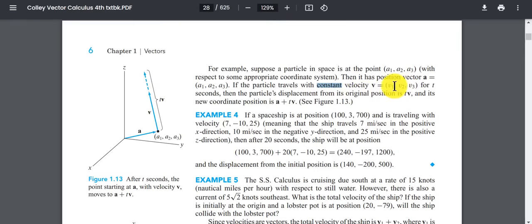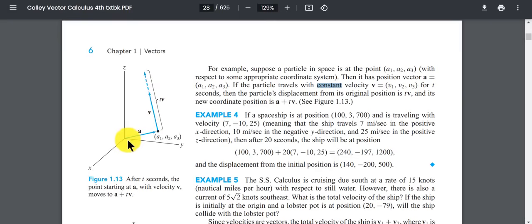And you might say, now, why are there three elements in the velocity? What's that about? But we can break up the velocity into its so-called x component, y component, and z component. So we say, okay, well, it's moving a certain amount in the x direction, maybe in the negative x direction, and it's moving a certain amount in the y direction, maybe in the negative y direction, and it's moving a certain amount in the z direction.